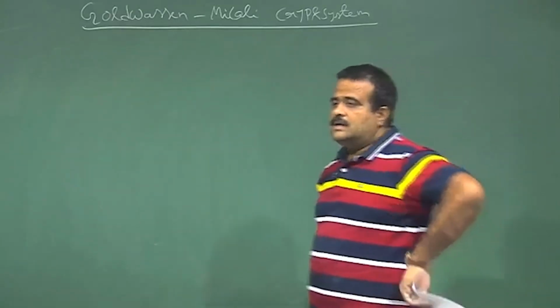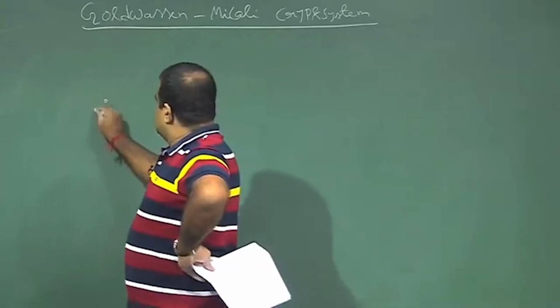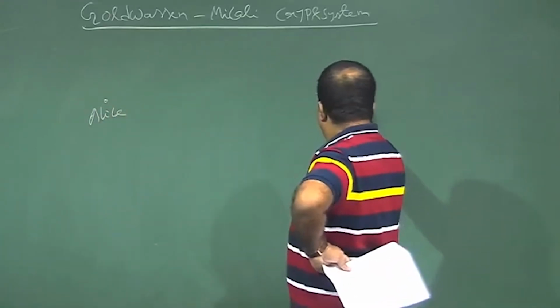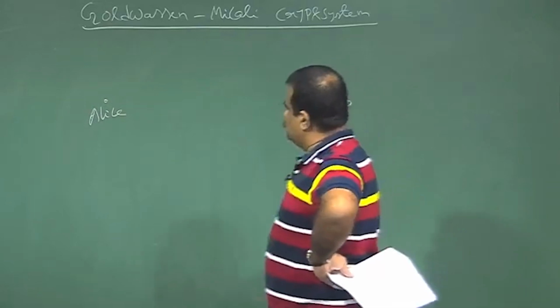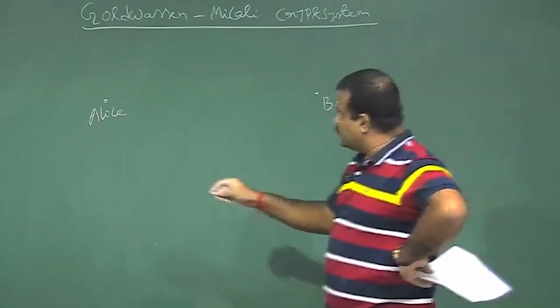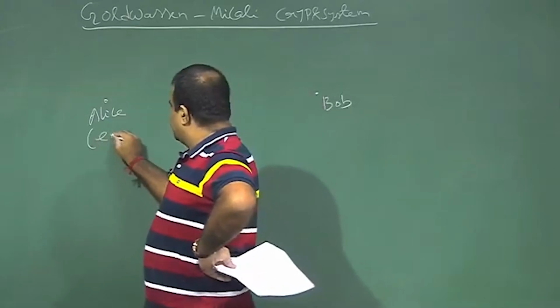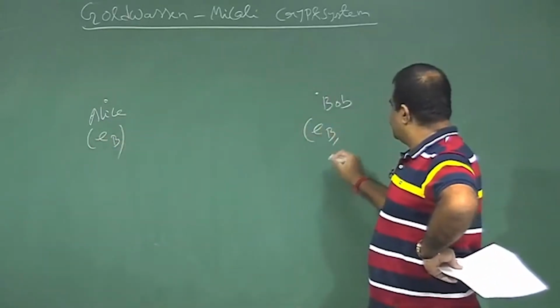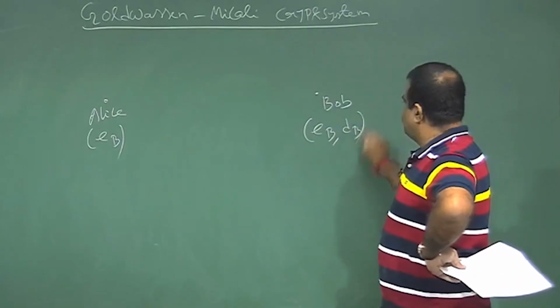So, let us just recall, we have two parties Alice and Bob. Now Alice wants to send a message to Bob in public key setting. So, Alice needs to get Bob's public key. That means Bob needs to generate Bob's public key and private key pair.